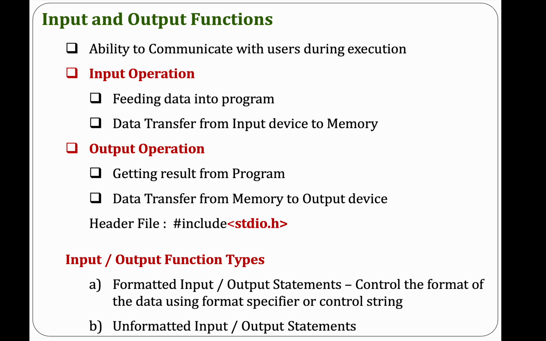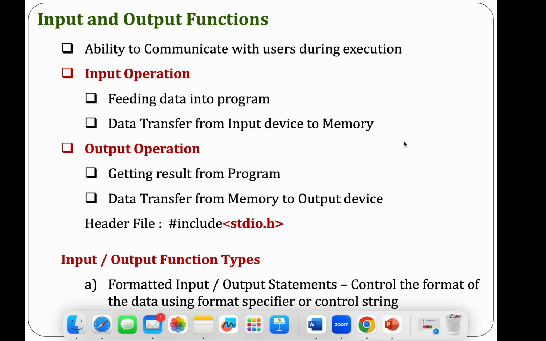I will explain with an example, and then you can clearly understand what unformatted is. Unformatted means you cannot have any control; it will just pass the input or get the output. That is the unformatted input and output statement. We'll see with an example.